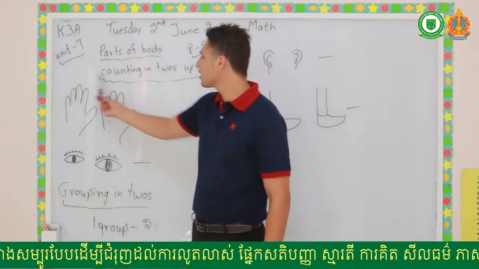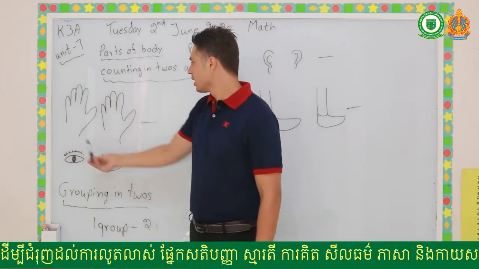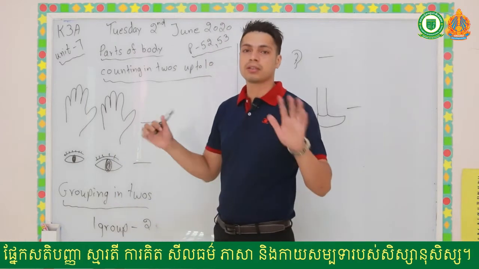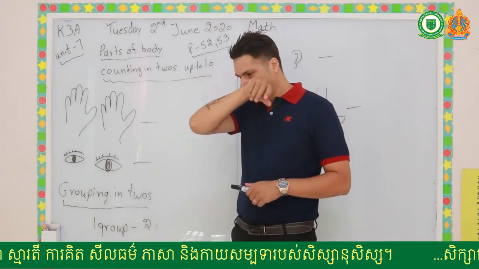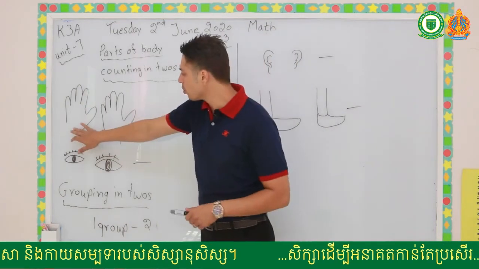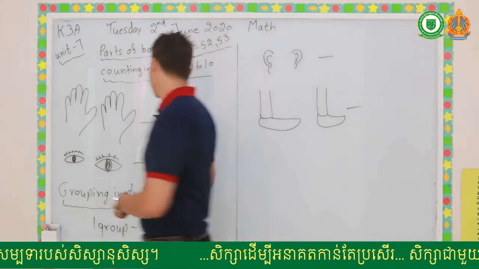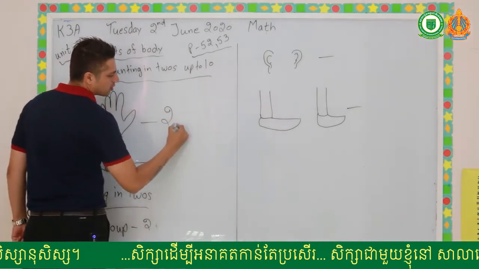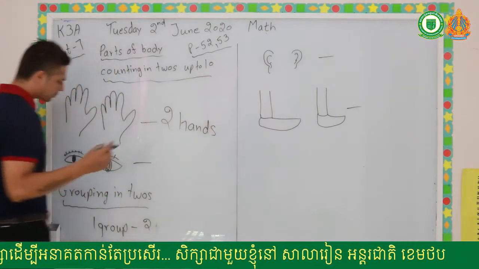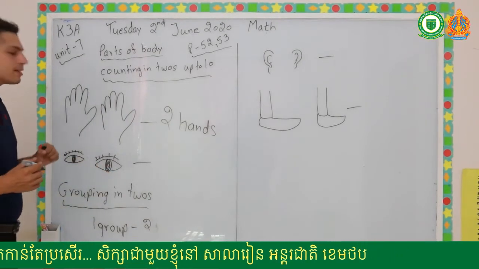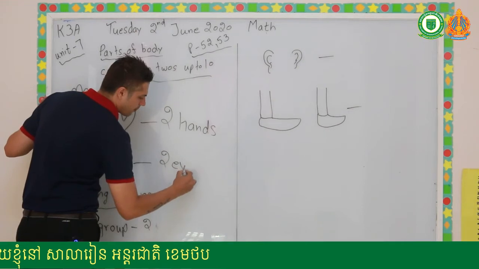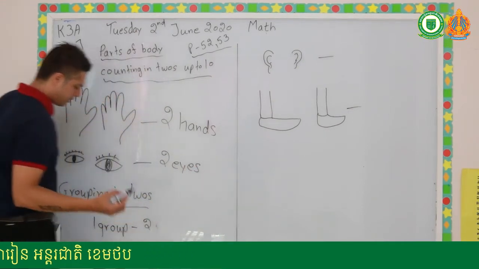So as you can see here, how many hands do we have in our body? We have two, 1, 2. So we write down 2 hands. How many eyes? 2 eyes.